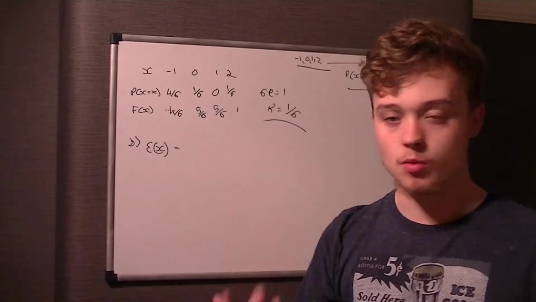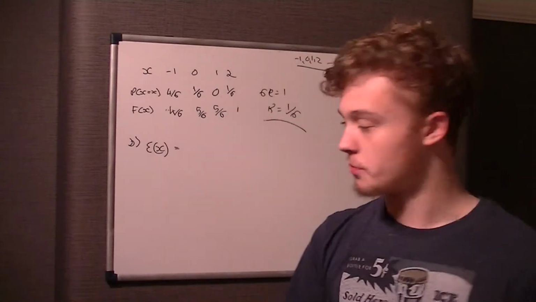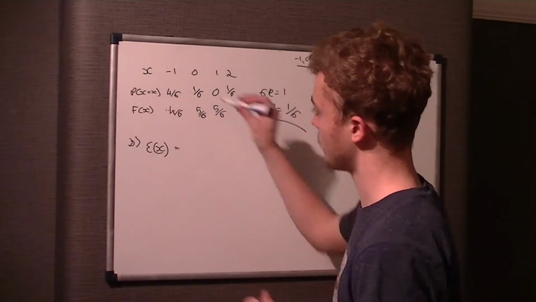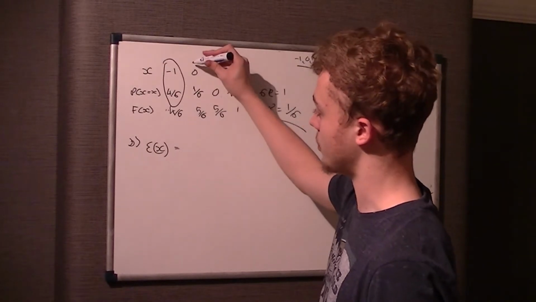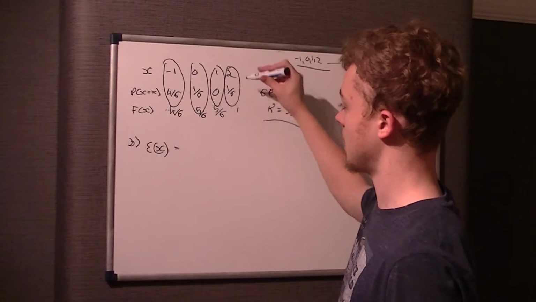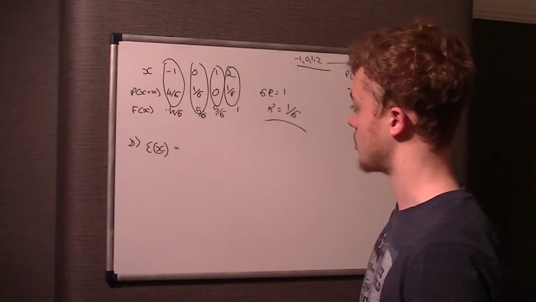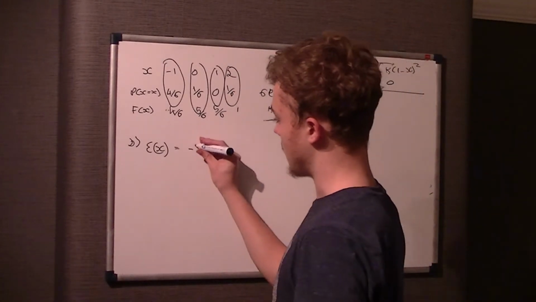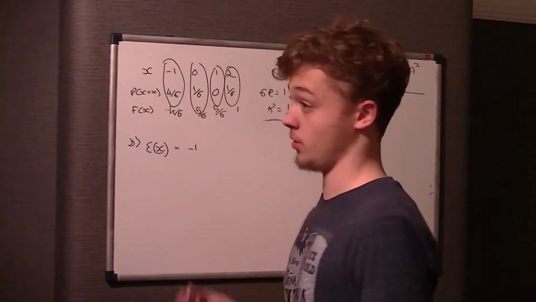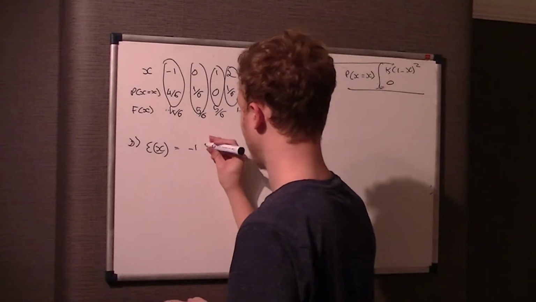So anyway, what you do is you times your x value by the corresponding probability. So that's why it's maybe not a good idea to draw this F(x) thing. So basically you times -1 by 4 sixths, add that to 0 times a sixth, add 0 times 1, and add that to 2 times a sixth. Even though we know 0 times a sixth and 1 times 0 are going to be 0, we still write it in anyway.